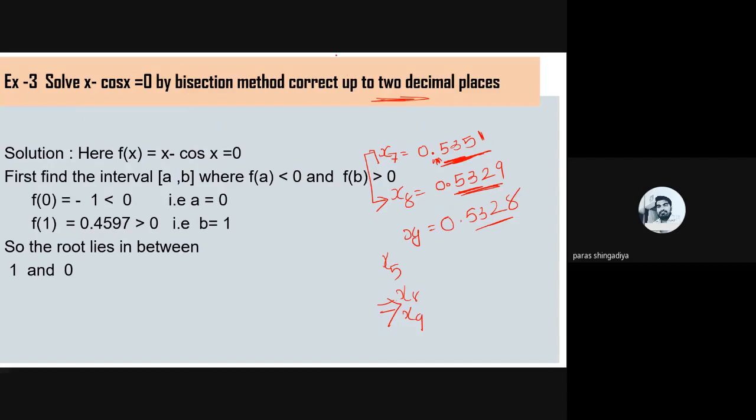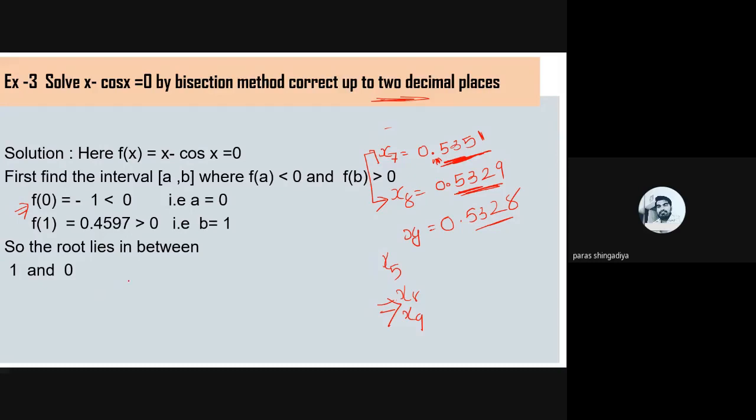Here the number of iterations is not mentioned. You do not have to derive only 5 iterations, or only 10 iterations, or only 15 iterations. That is not given here, but one condition is given: that your answer should be correct up to two decimals. Okay, so let us check the table. The interval is AB, where f of 0 is -1.